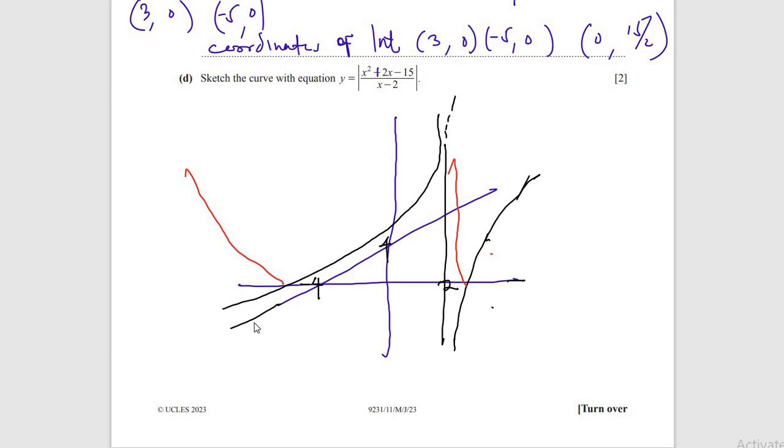So this part ceased to exist. This part no longer exists.